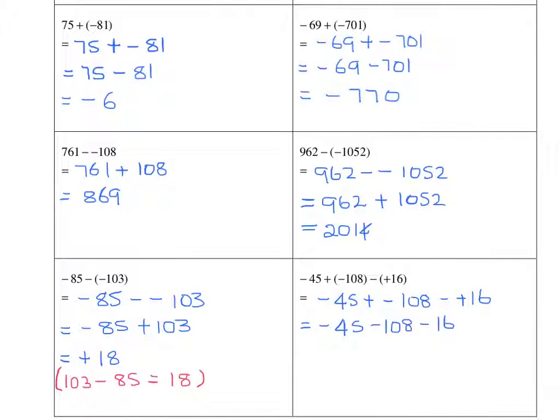We've got positive, negative and negative, positive, so they both simplify to negative. Now we have three negative numbers, and so our answer will be negative. And we need to now add those three numbers. So the answer is negative 169.